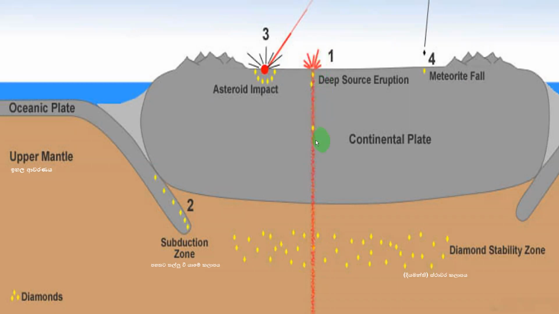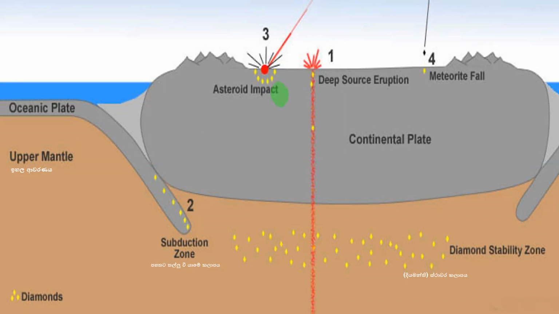Volcanic eruption is the first method. Then the second method, the oceanic plate and the continental plate move together, and there may be another source. Number 3 is asteroids coming from the outer side of the solar system.